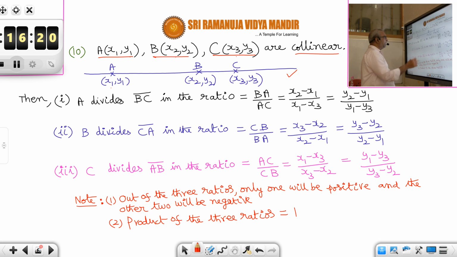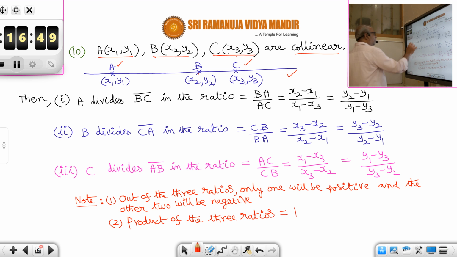Here of course I have drawn the diagram such that B is in between A and C. A and C are at the ends and B is somewhere in between. It need not be exactly the midpoint. Actually we don't know which point is in between. C may be in between A and B, or A may be between B and C. We only know that they are collinear.